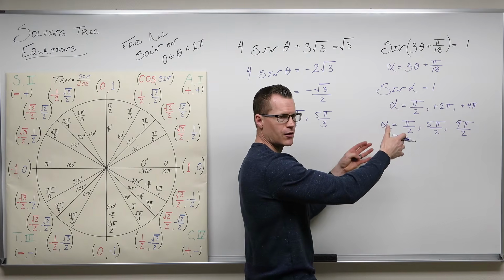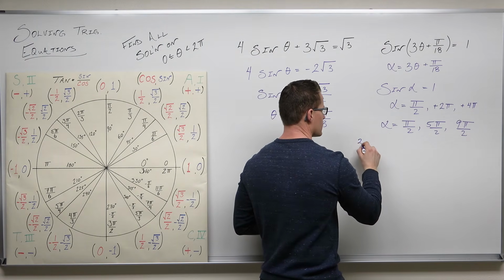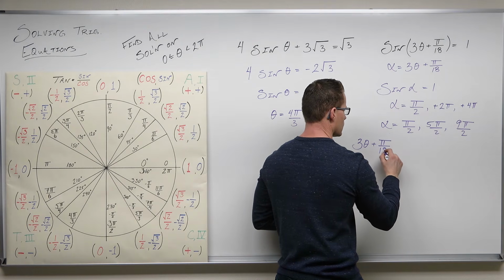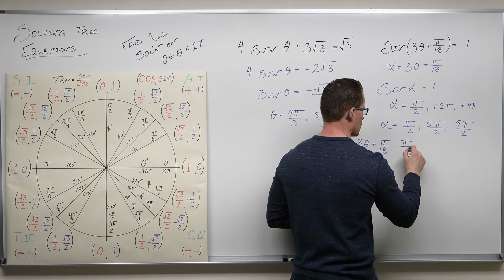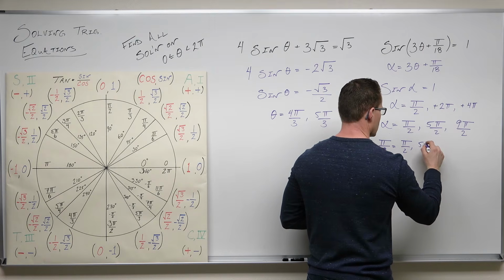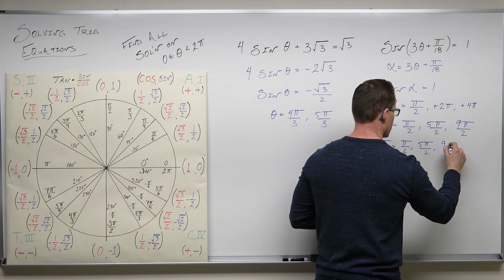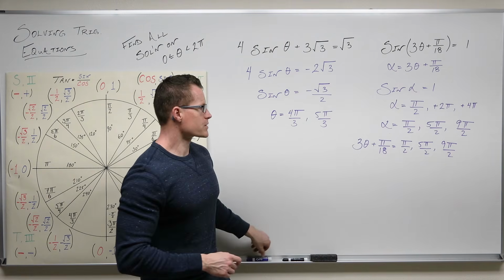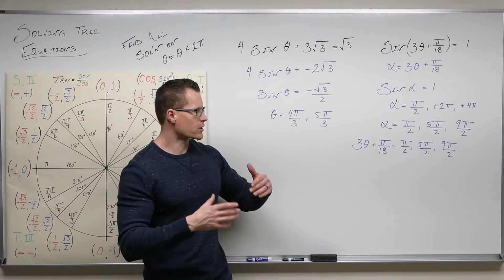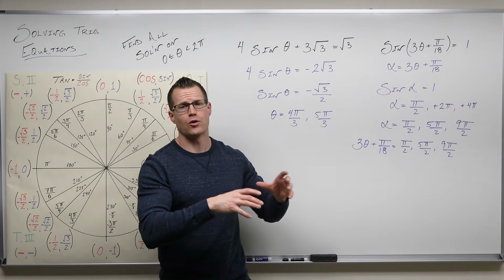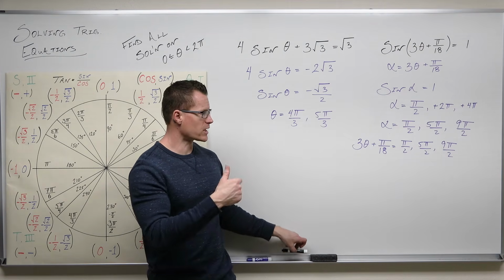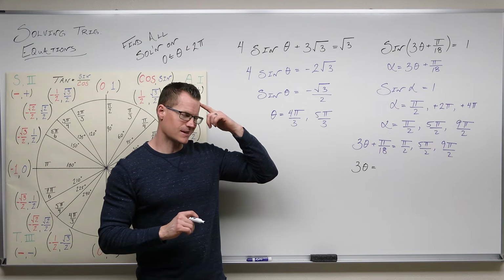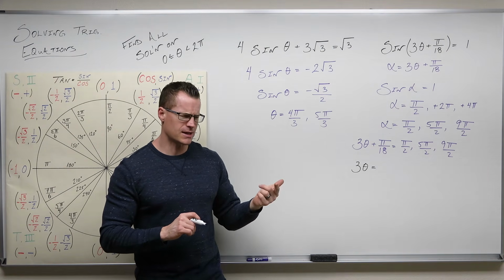Since we solved for alpha, we know what alpha is. And now, remember order of operations, we're going to subtract pi over 18 before we divide by 3. So when we subtract pi over 18, pi over 2 is like 9 pi over 18.